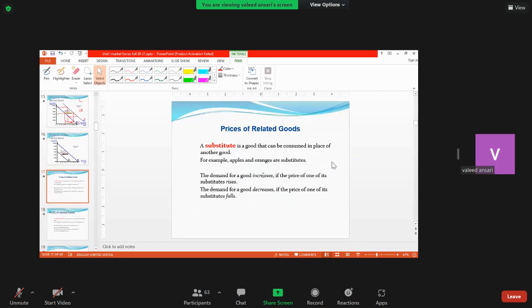Then there are certain products which we call related products. Related products are those products which can act as a substitute, or they are used together. Let us say X and Y. Take cold drink, and let us say Coke. Let us say the price of Coke increases.